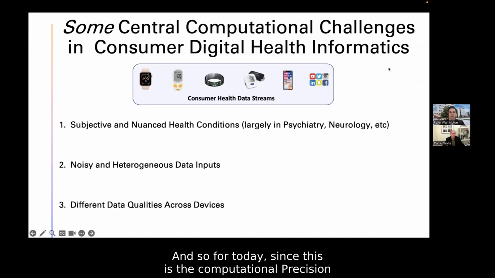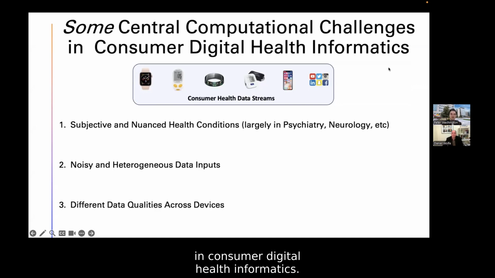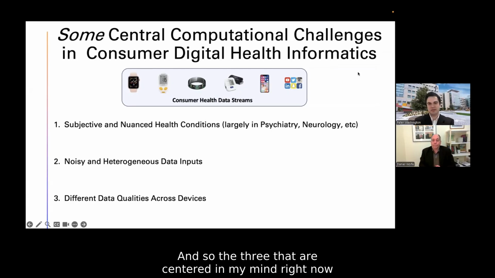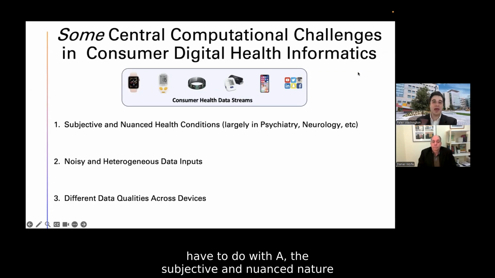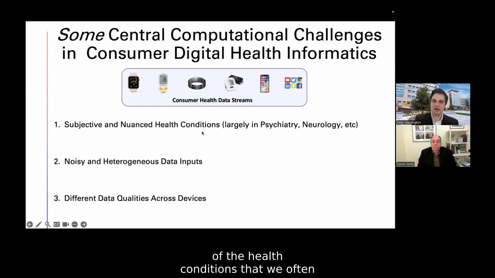And so for today, since this is the computational precision health group, I thought it would be interesting to talk about some, but not all, of the central computational challenges in consumer digital health informatics. The three that are kind of centered in my mind right now have to do with the subjective and nuanced nature of the health conditions that we often want to predict in this field.